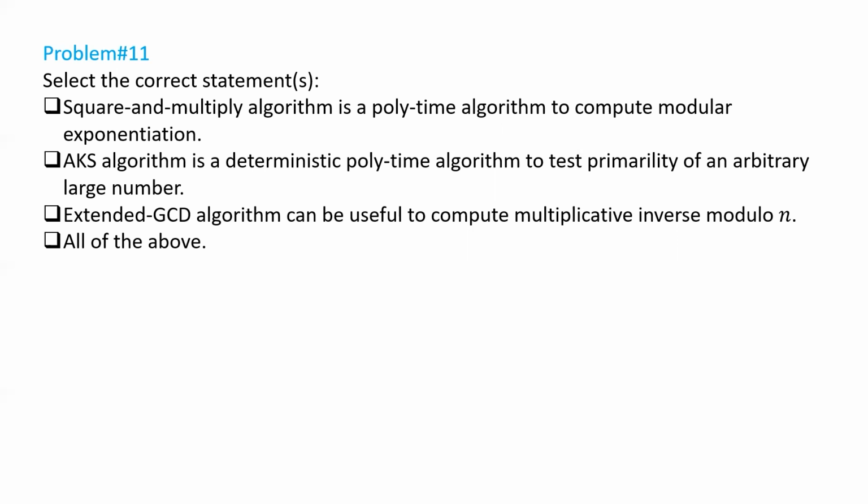The square operation will be performed in each iteration of the loop, but the multiplication will be done only when the bit value of x in the binary representation is 1, then only that corresponding multiplier value will be multiplied.